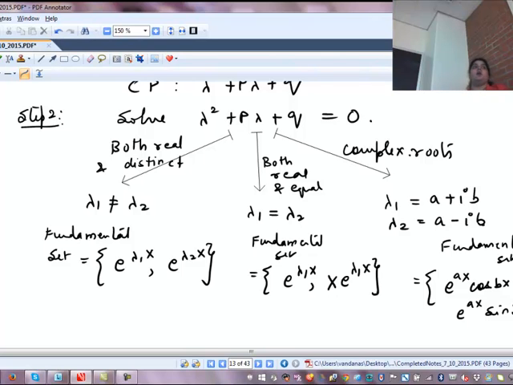Okay. So if roots are both real and distinct, this will be the fundamental set, and a linear combination of this will give us the entire family of solutions, because it's a basis. If roots are equal, you multiply by x and then take a linear combination. If roots are complex, you take a linear combination of these two functions and you get a general solution.